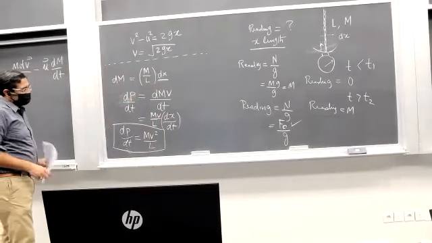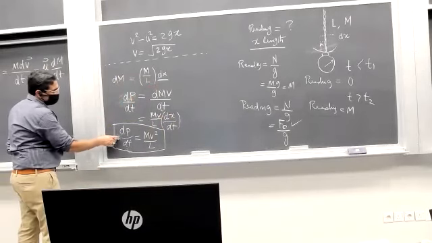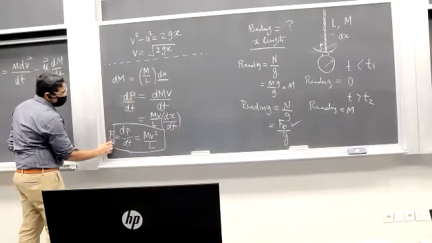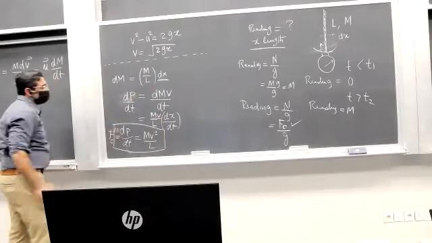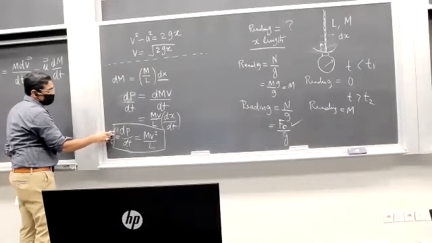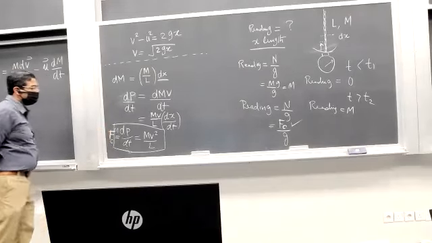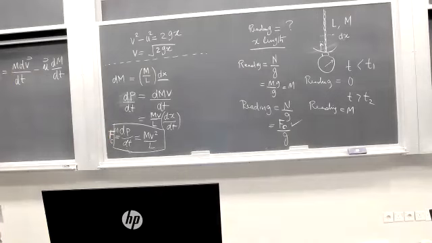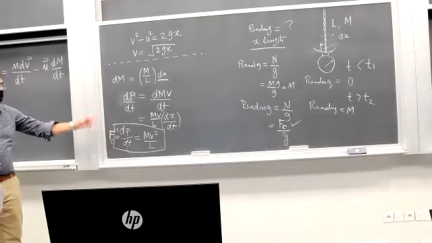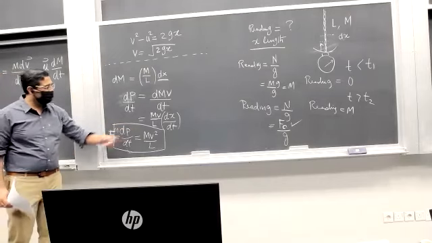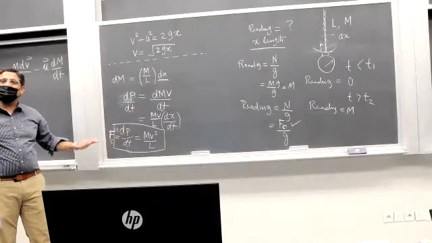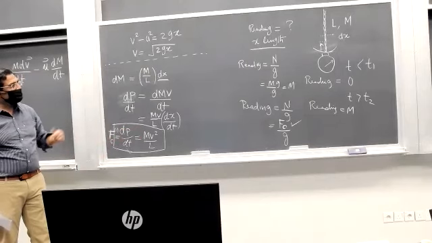And we know that this is force because it's dp over dt. So the chain exerts this force on the scale. All right. It's exerting it constantly. It is a uniform force. It does not depend on time. Constantly exerting as it is dropping. As it is dropping on the scale, it's exerting this force.